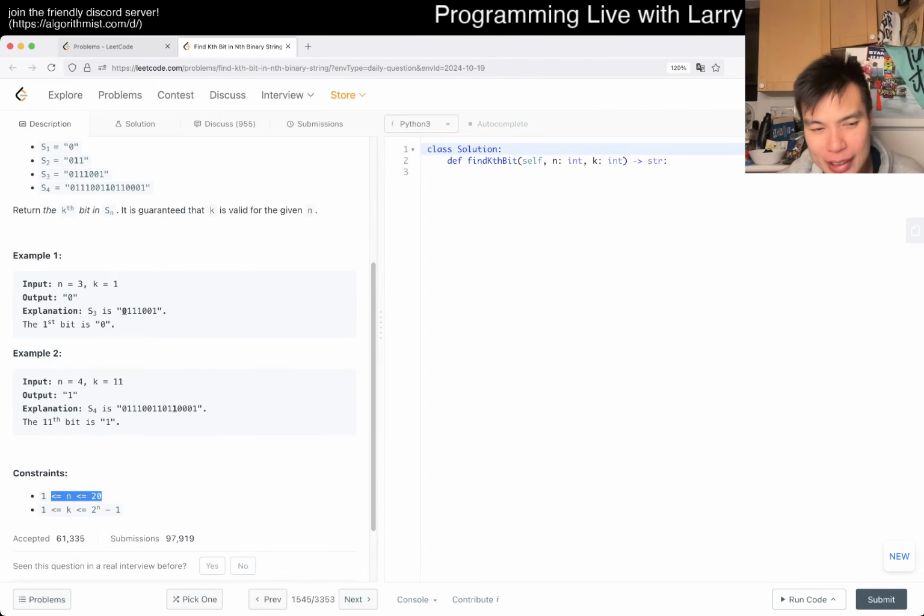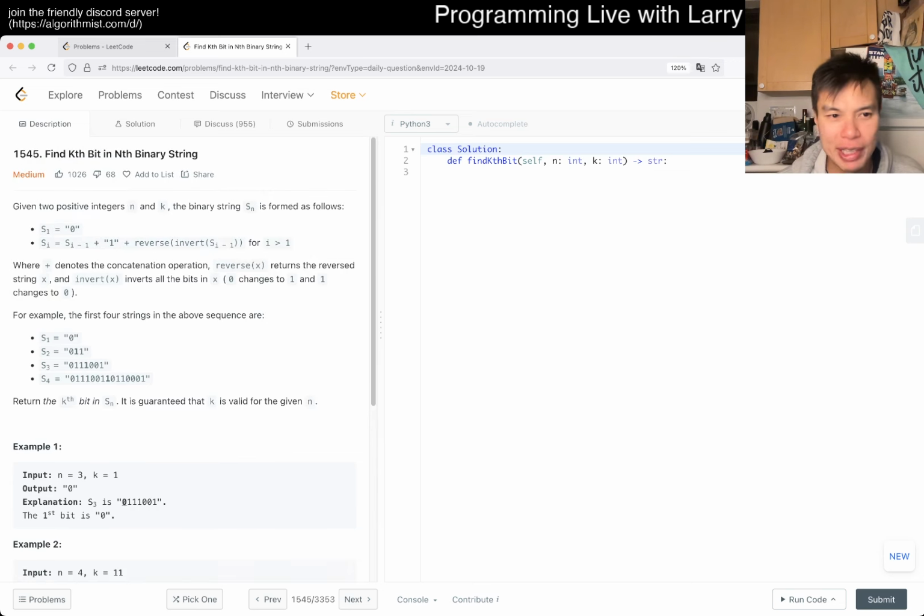But of course, n is only up to 20, because every iteration only doubles plus 1, right? So you have 1, then 3, and then 7, and then 15, and so forth. So, yeah, powers of 2 minus 1.